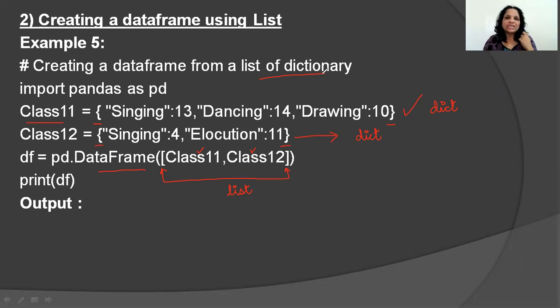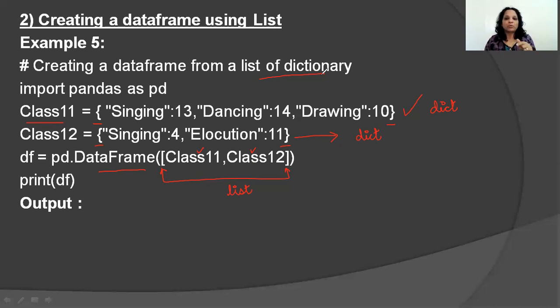But there is a slight twist here. The twist is that whenever you use a dictionary to create a data frame, the keys of the dictionary, because remember the dictionary consists of keys as well as values, automatically become the columns of your data frame. So your columns are not going to be numbered 0, 1, 2, 3. Instead, they would be singing, dancing, drawing, and elocution.